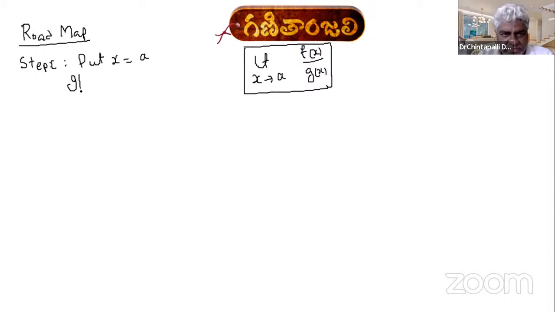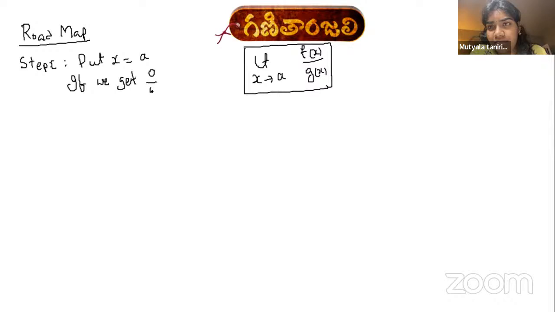If we get a value not equal to 0 by 0, go ahead.